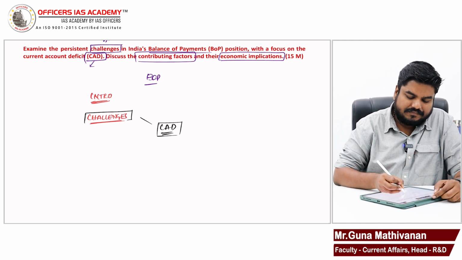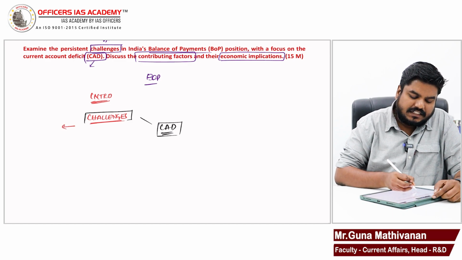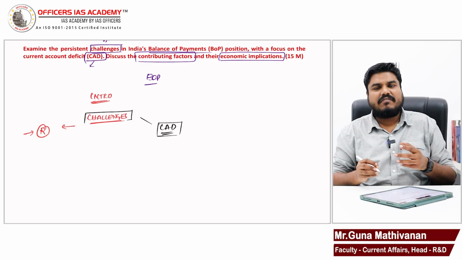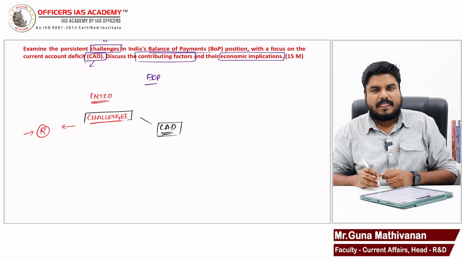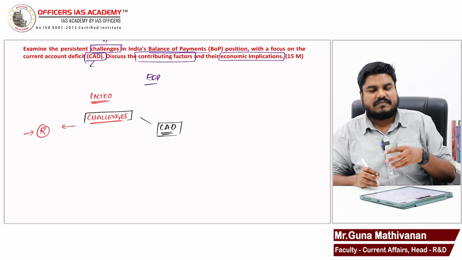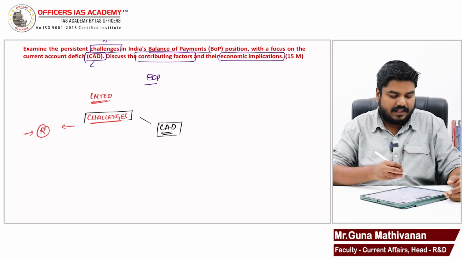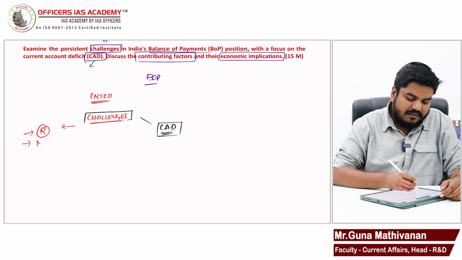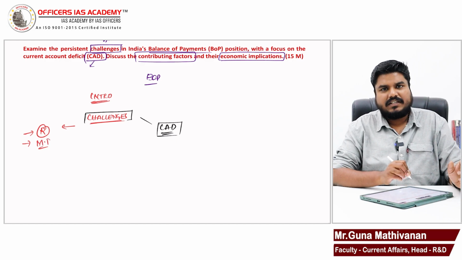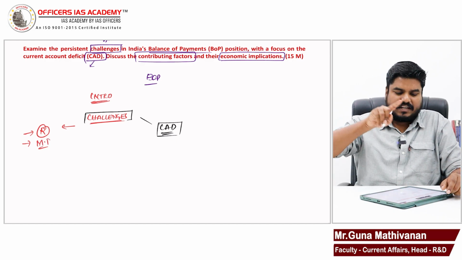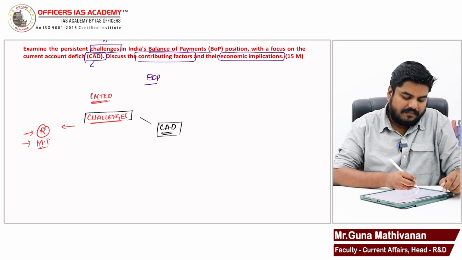For example, you can mention our resource position. We do not have adequate resources, and lack of adequate resources will result in import dependence. That is why our merchandise trade is not going to be favorable, and that has an impact on our current account.